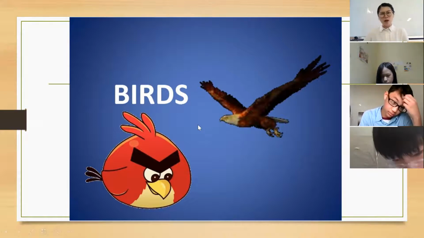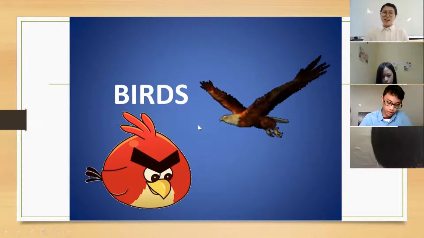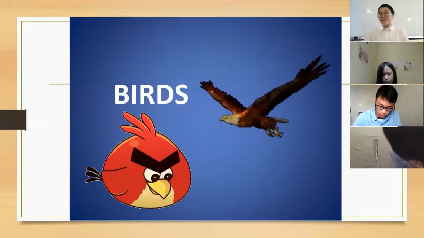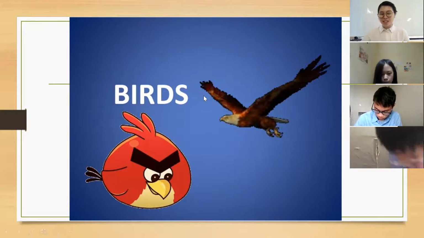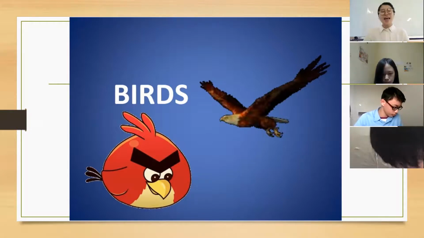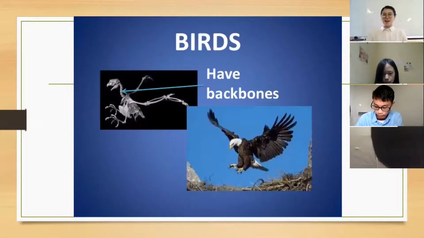Shara, can you describe what a bird is based on your observation of this picture, or among your surroundings? I know you can see birds, right? Can you describe one characteristic of a bird? They have feathers. Exactly, Shara.